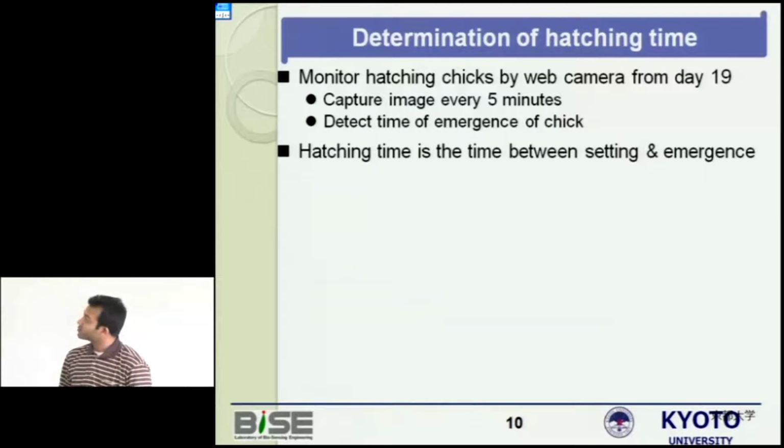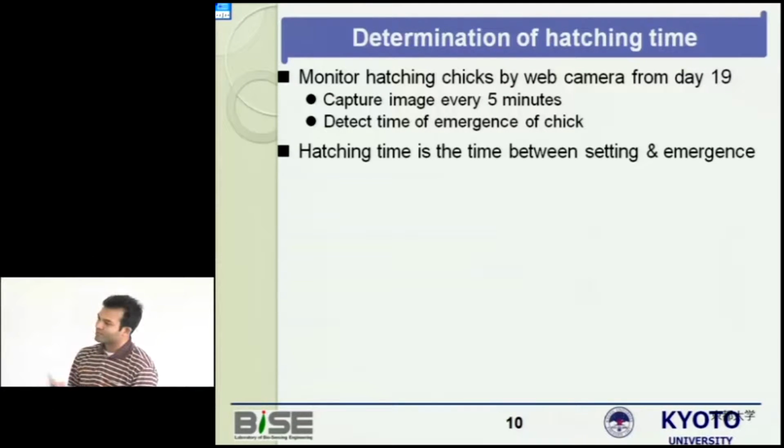For the determination of hatching time, we monitor hatching eggs from incubation day 19 until all chicks hatch. During monitoring we captured an image every 5 minute interval, and from the captured images we detect the time of emergence of the chick.